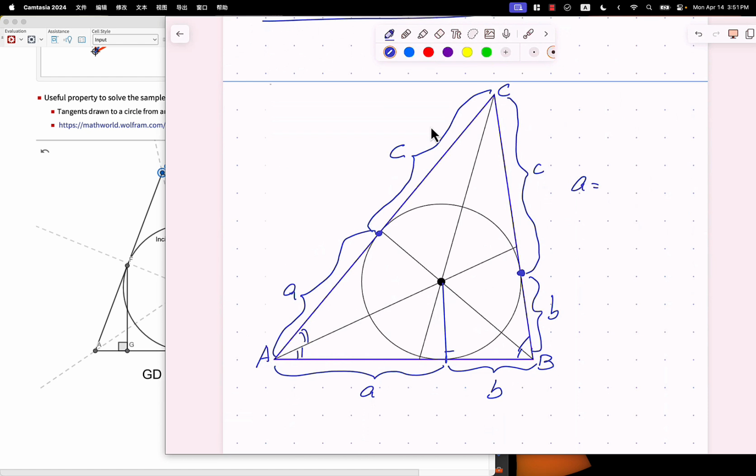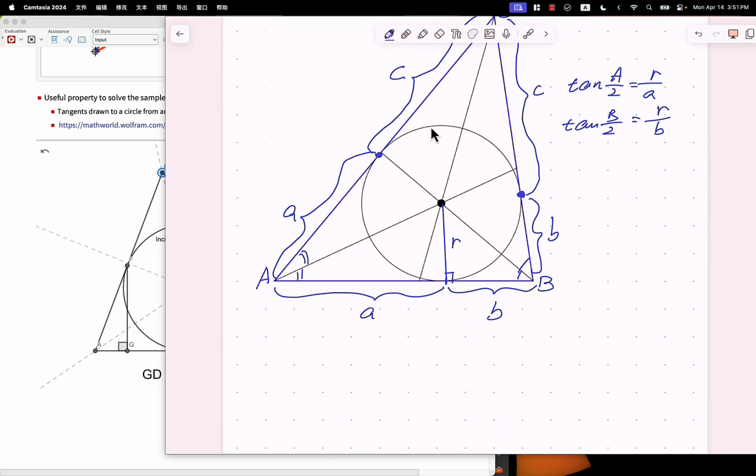It must be perpendicular to the side, right? Let's call it r. Based on very simple trigonometry, tangent half of angle A is equal to r over a, right? And tangent B over 2 is r over b.